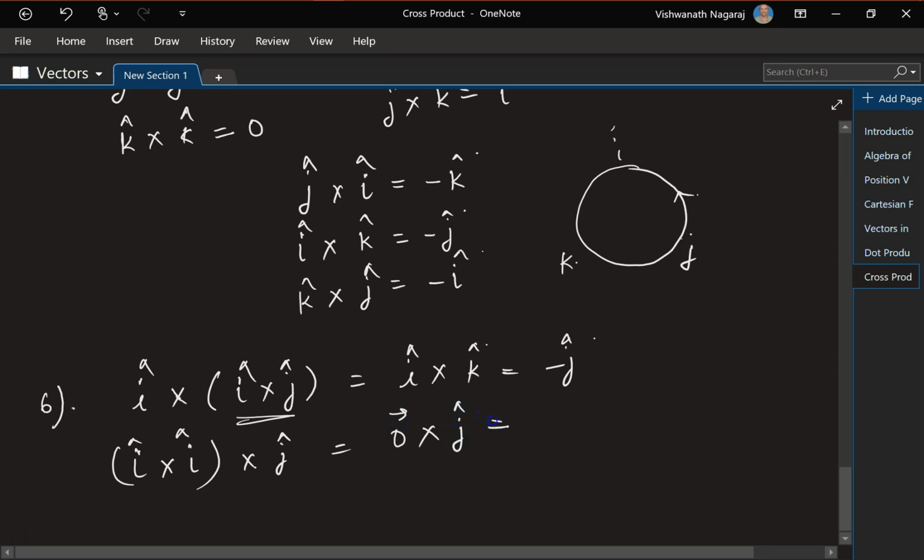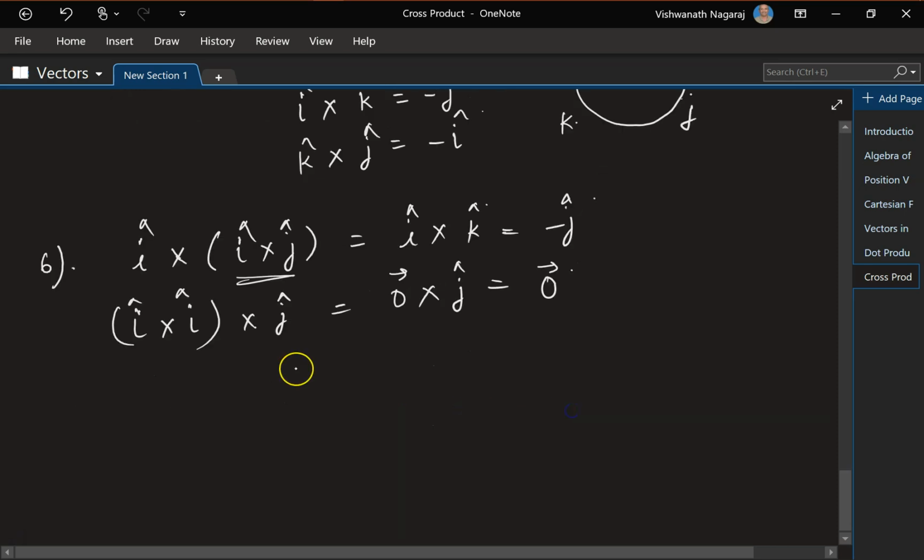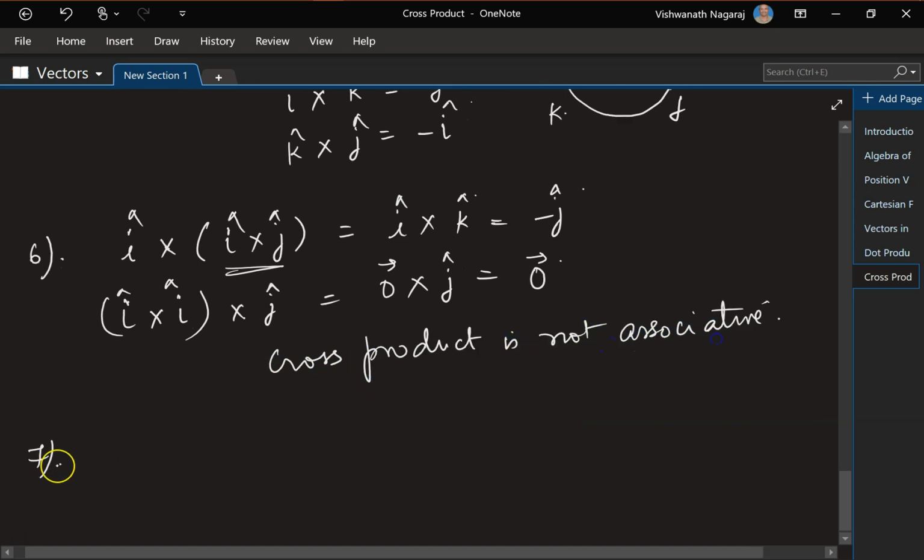Cross J, which is equal to 0. So, which means cross product is not associative.